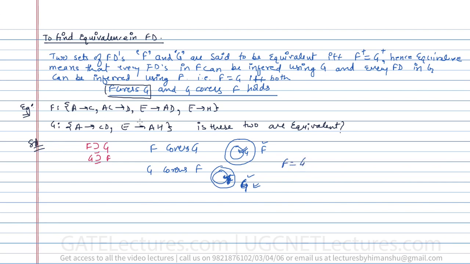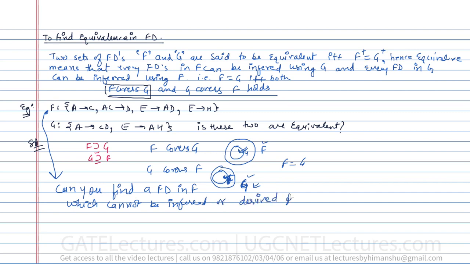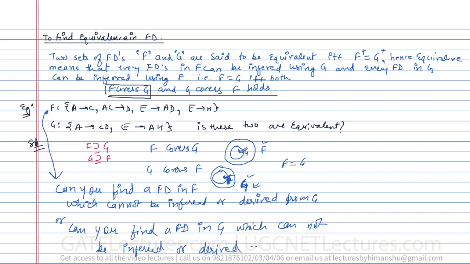Now in this example, here is the shortcut way of solving. Can you find a functional dependency in F which cannot be inferred or derived from G, or can you find a functional dependency in G which cannot be inferred or derived from F?